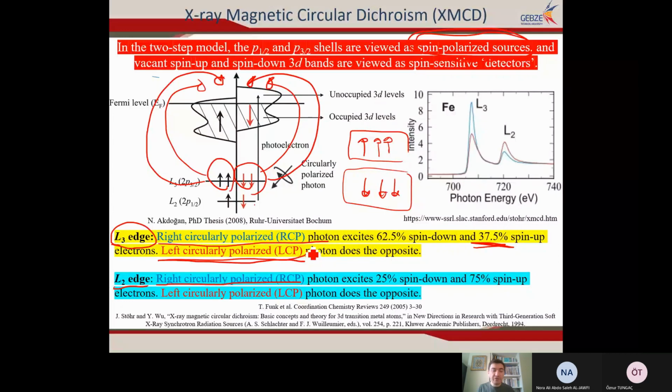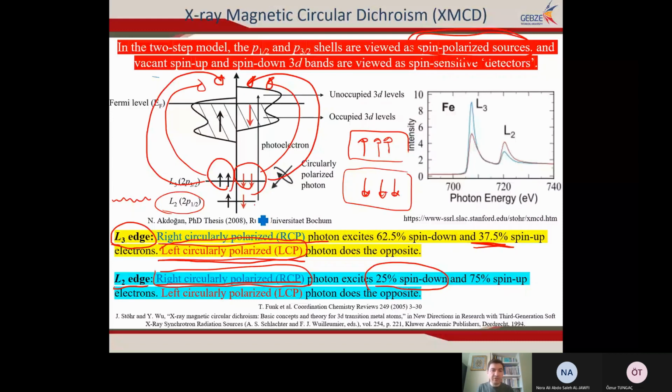Okay, in case of L2 edge, if you send X-rays with energies close to the L2 edge of this element, if you send right circularly polarized light, then this photon excites 25% spin down to the 3D level, and you excite 75% spin up electrons if you use right circularly polarized light.